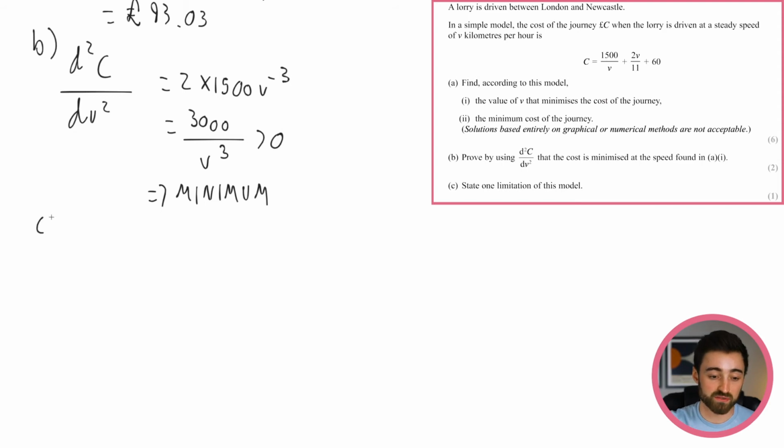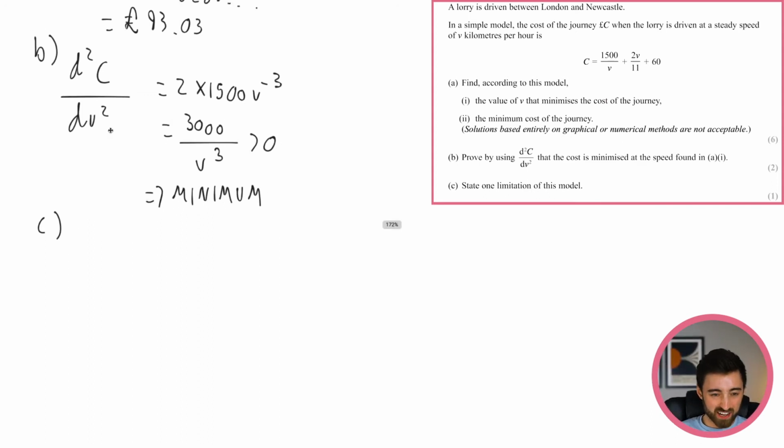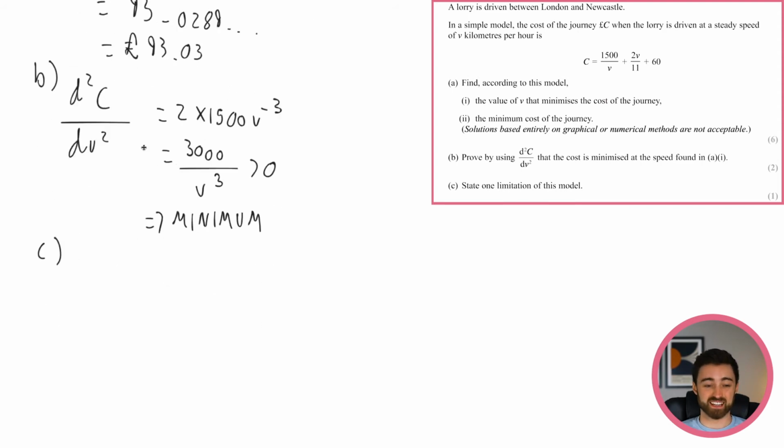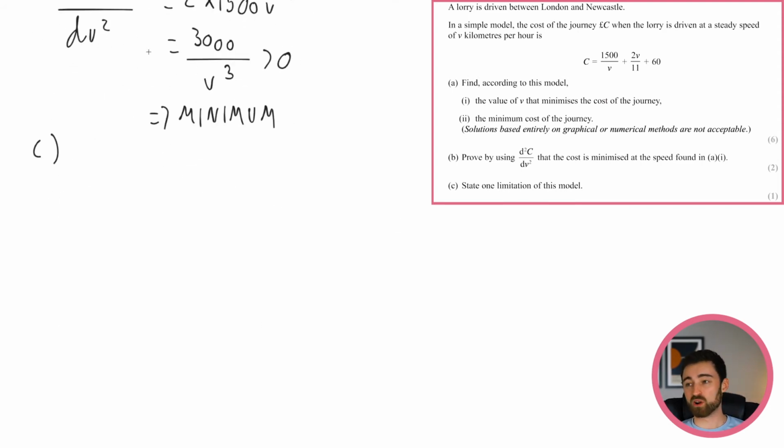State 1 limitation of the model. I mean, we've just basically proven that if this lorry driver bombs it at what, 91 kilometers an hour? Consistently, like perfectly, all the way from London to Newcastle, crossing the country at 91 kilometers an hour. It's just not realistic, is it?